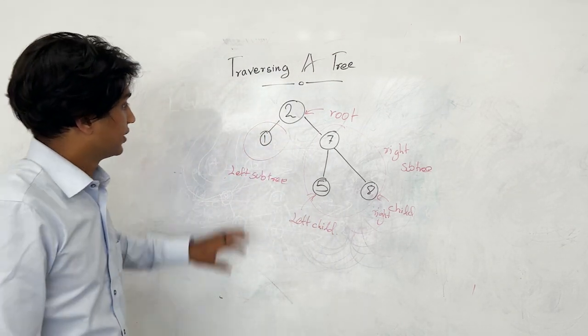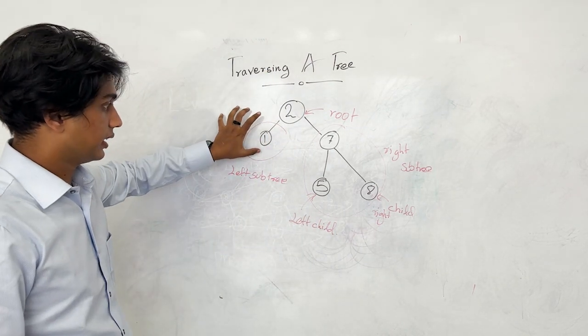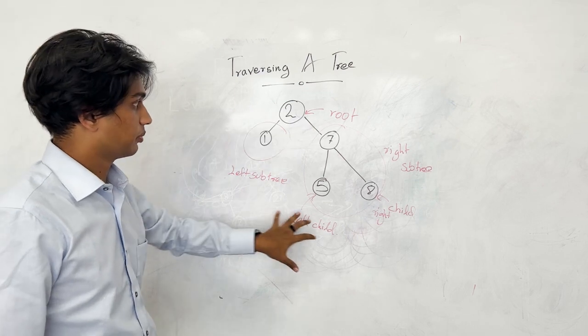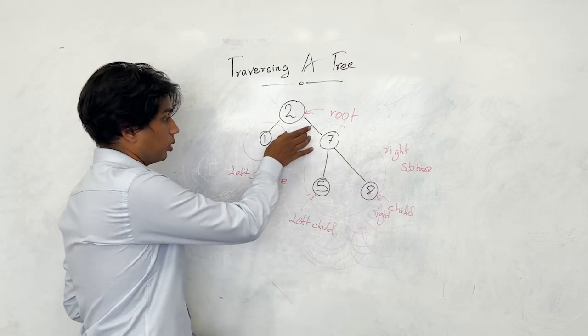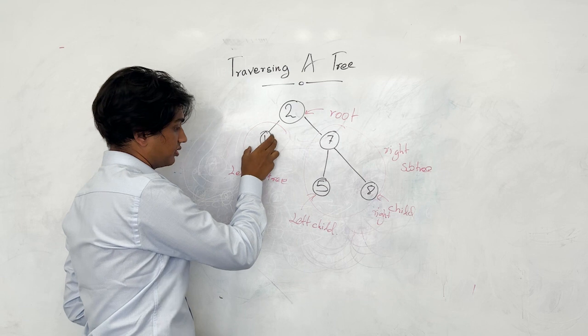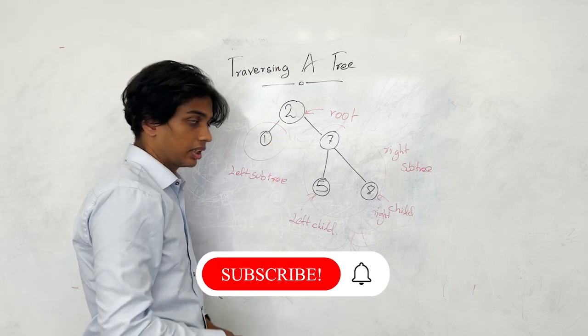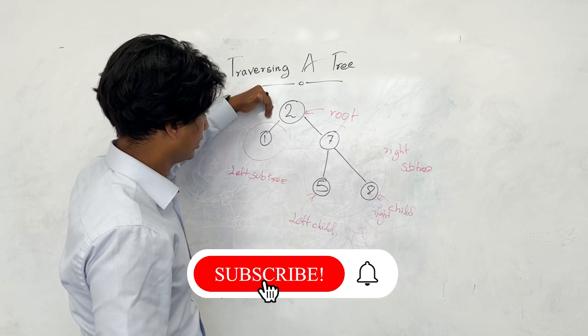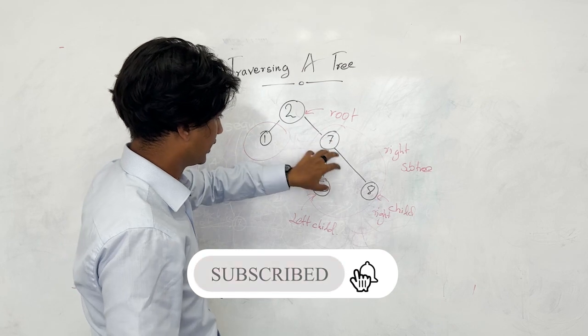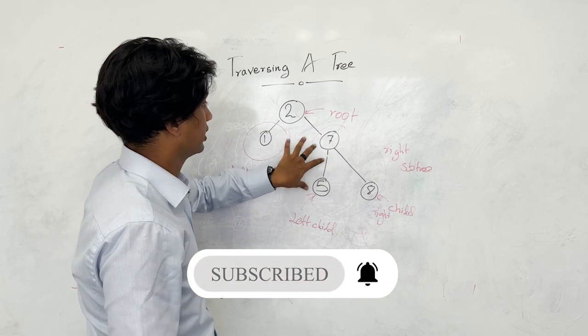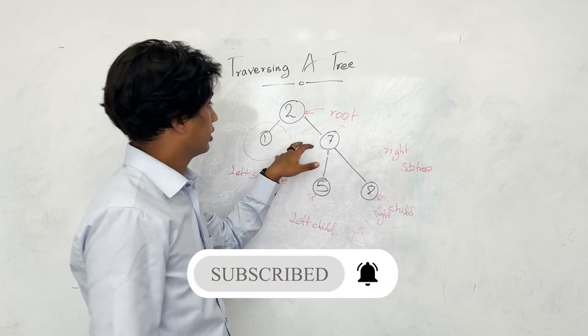In a binary tree, you have to always maintain this setup, which means the left child should always be a value that is less than the root, and the right child should always be a number which is greater than the root.